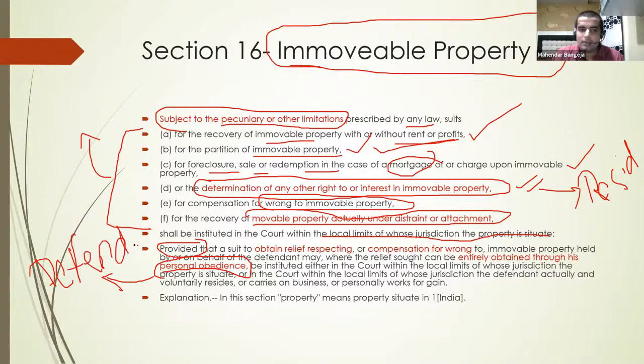Now the question is, this proviso basically carves an exception to the main provision. It says that in the cases of personal obedience, you can file the suit even where the defendant resides, or personally works for gain, or carries on the business. Now, what does the word personal obedience mean?